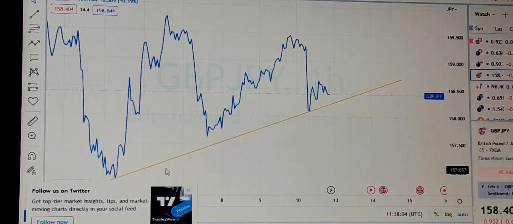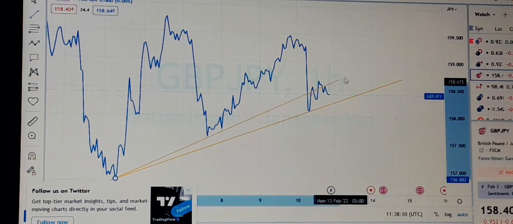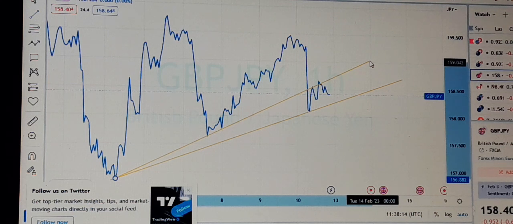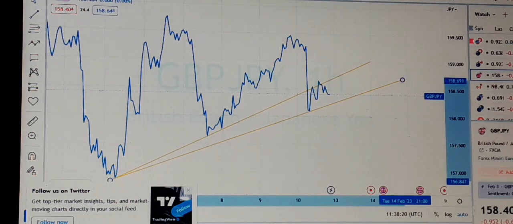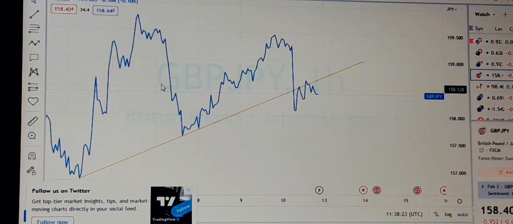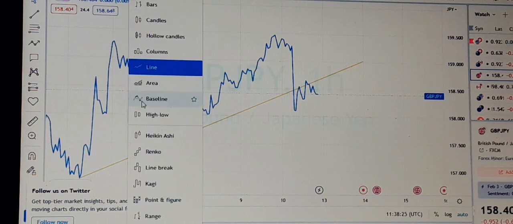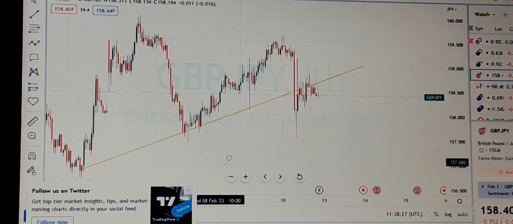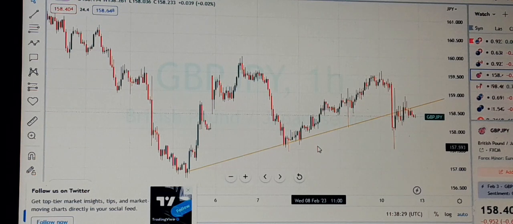Using these areas to show you which are the good buying points and the good selling points. Then let us go back to our candlestick chart. Okay, that is our candlestick chart.